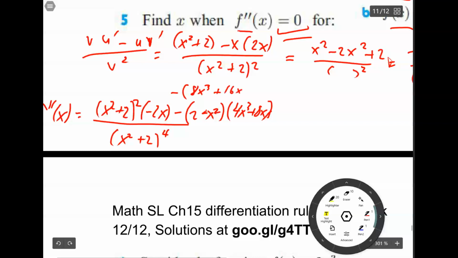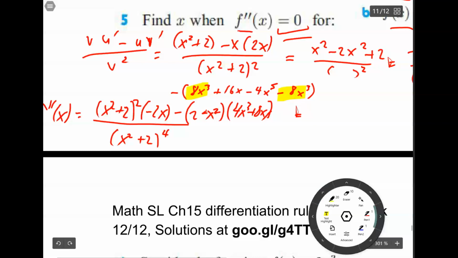Minus x squared times 4x cubed is minus 4x to the fifth. Minus x squared times plus 8x is minus 8x cubed. And then it looks like this and this cancel out. And so let me see if that made things any easier.